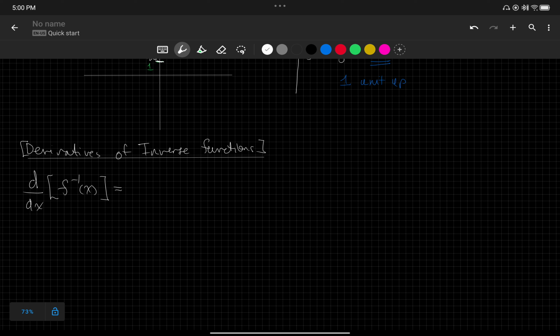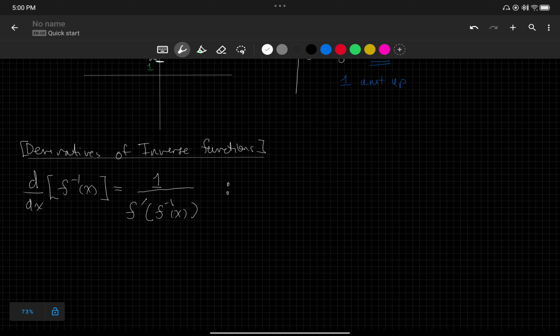It turns out that it's a pretty weird looking formula, but it's not too hard. It looks harder than what it actually is. It's the reciprocal of the composition. So f prime and then f inverse. So be careful.